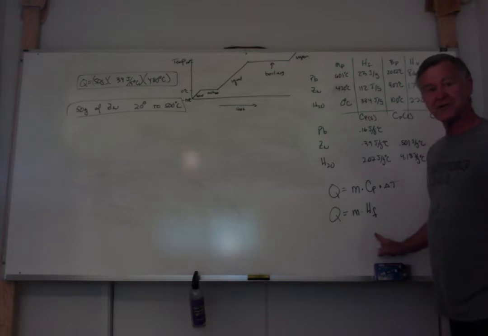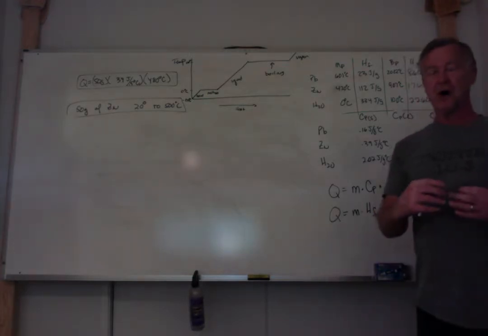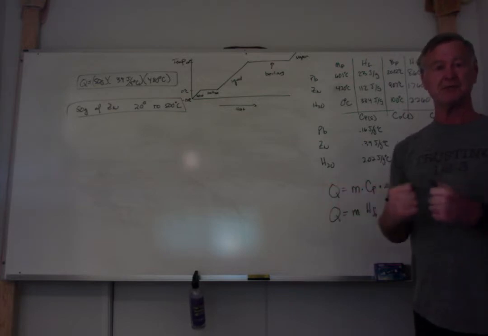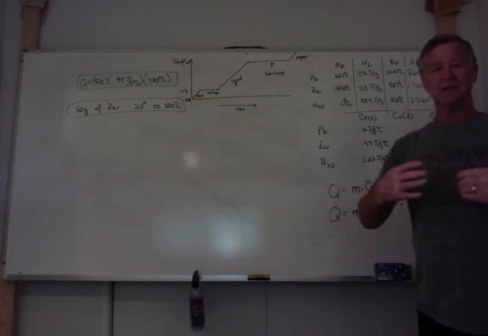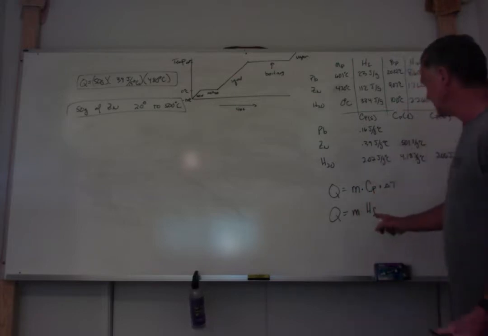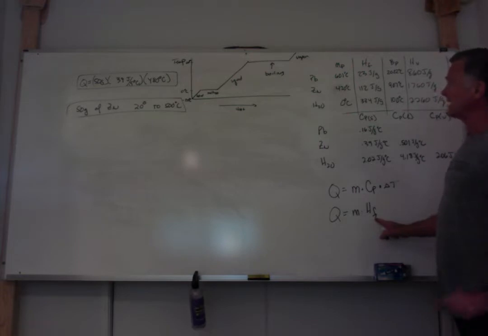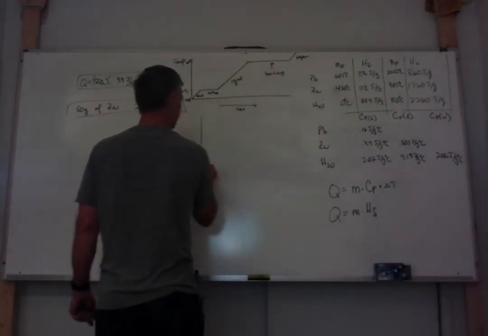Notice there's no change in temperature on this because the temperature isn't changing when you are melting something. You're simply breaking the bonds. You're simply causing the molecules to stop being fixed together and now are able to move around. No change in temperature.